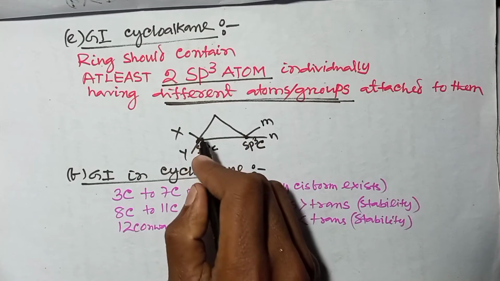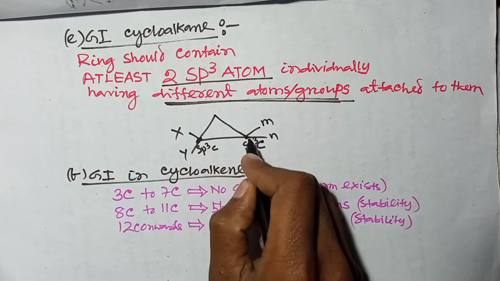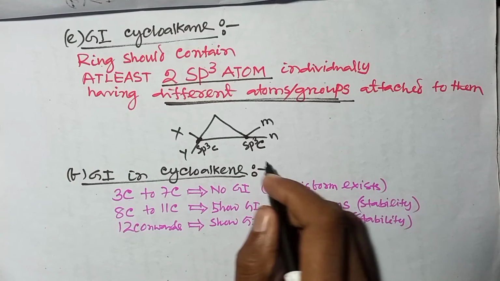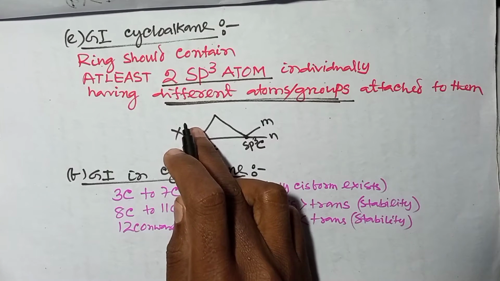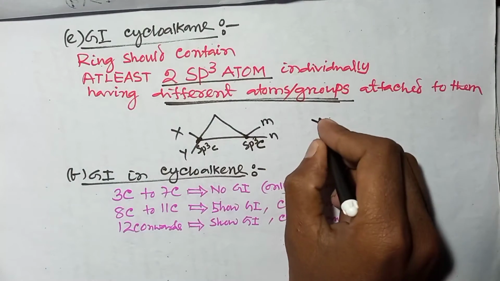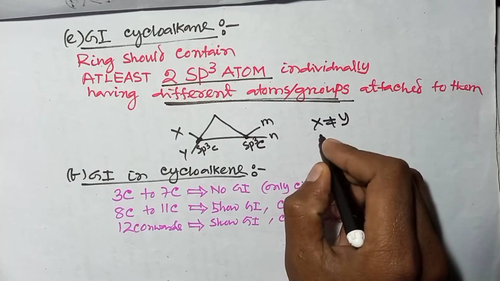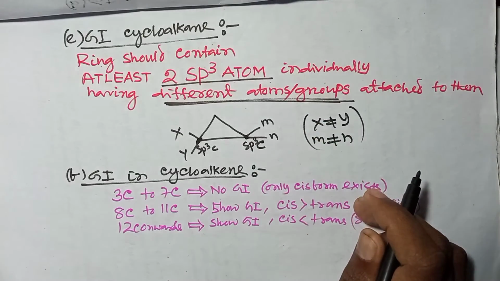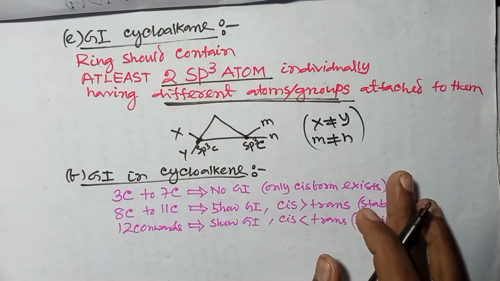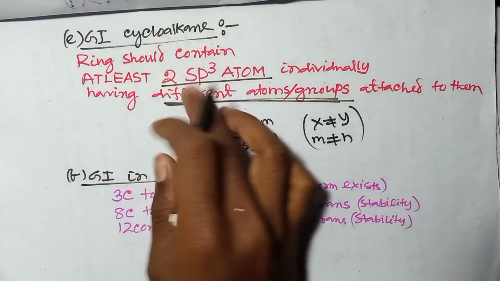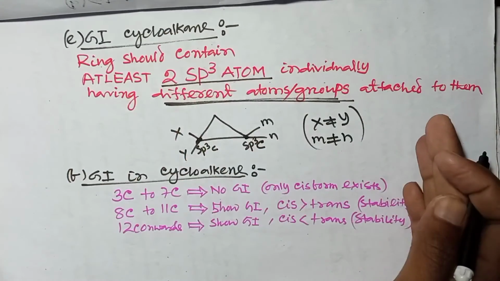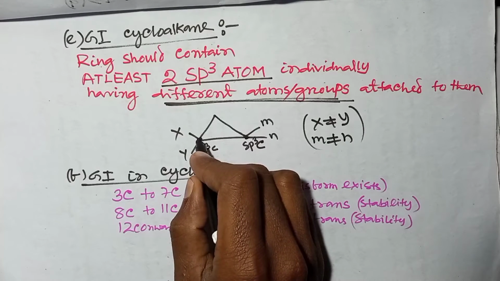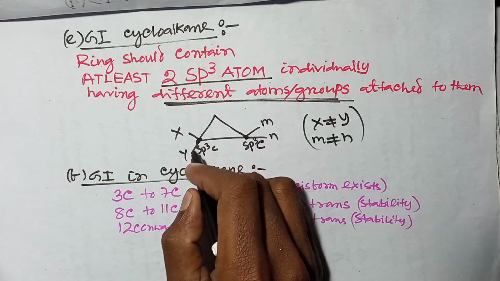Individual carbon should be connected to different groups. That means X should not be equal to Y and M should not be equal to N. This is the condition for geometrical isomerism in cycloalkene. The ring should contain at least two sp3 hybridized atoms, and both carbon atoms should be individually connected to different groups.